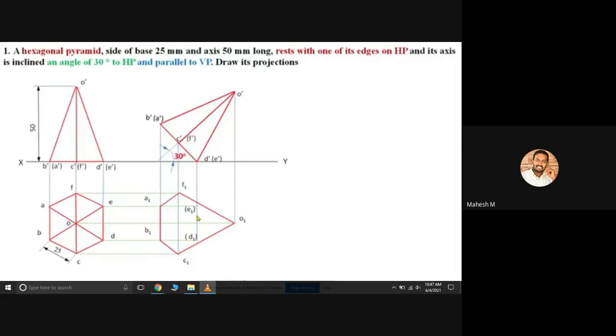And after that, please connect this CD with the dotted line and DE with the dotted line and EF with the dotted line because it is our base surfaces. So in our base, we can't see these three edges. And in slant edges, we can't see DO and EO. Okay, so you can connect these edges with a dotted line.